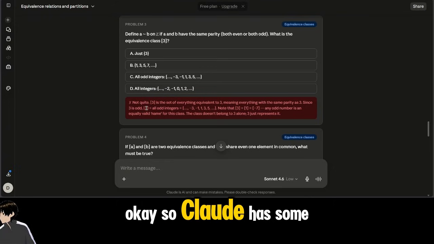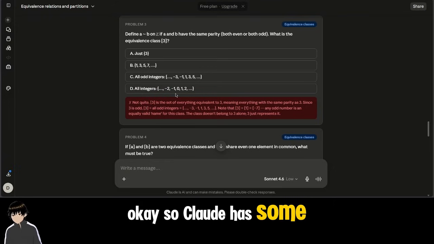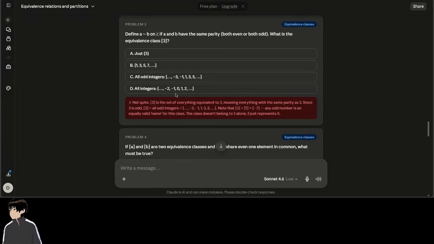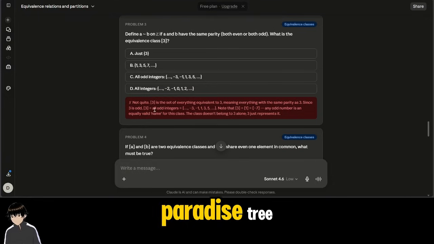Okay, so Claude has some advice here. It says the equivalence class of 3 is the set of everything equivalent to 3, meaning everything with the same parity as 3.